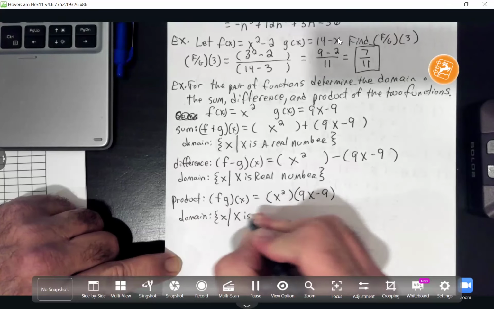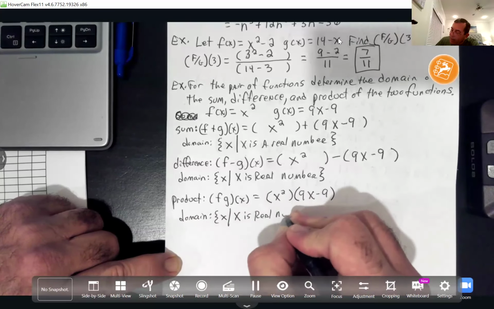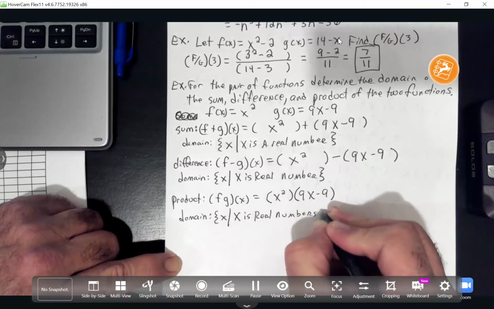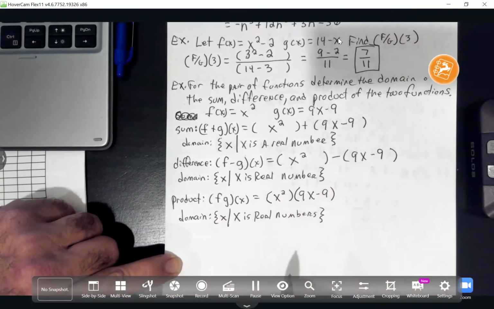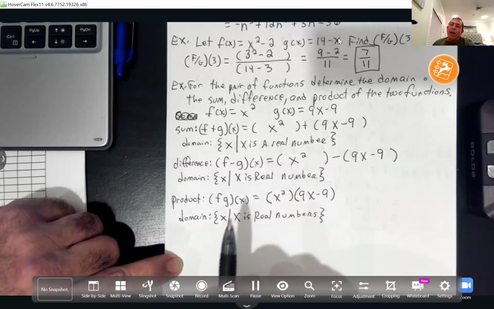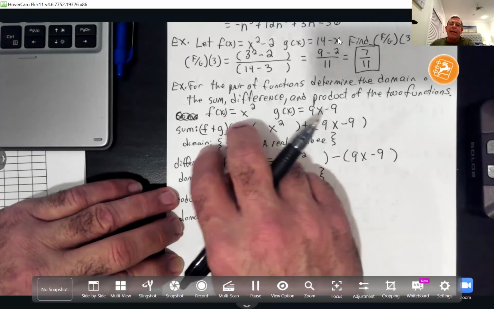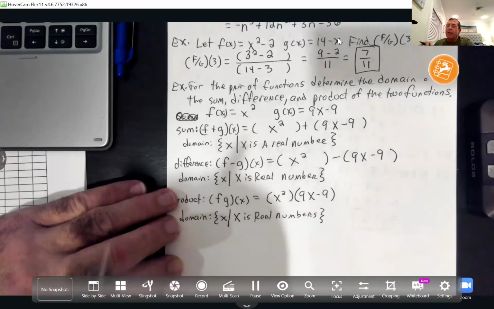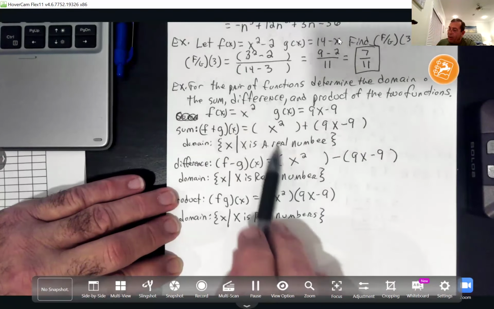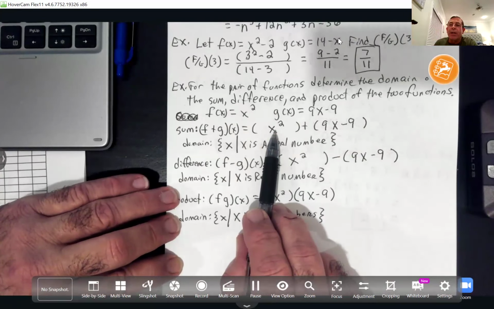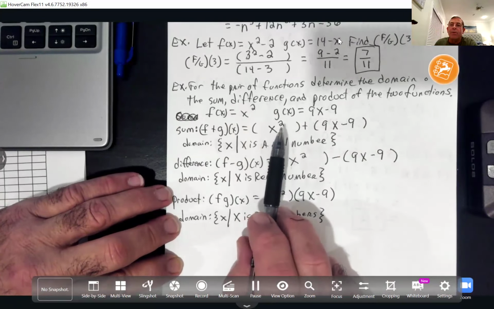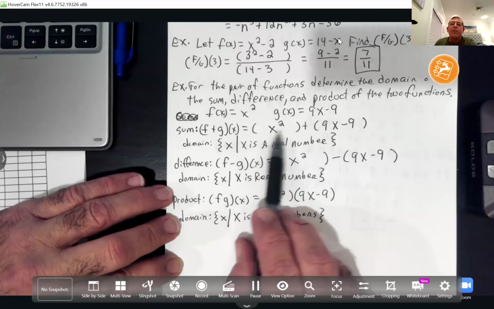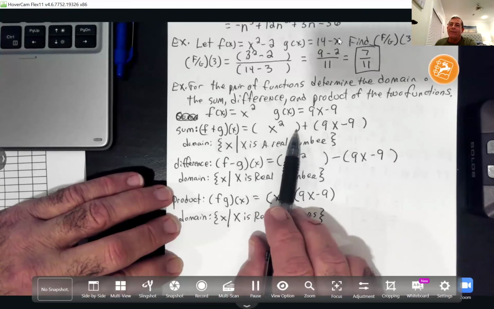So when it asks for the domain, is it asking us to determine if it's a real number or not? Yeah. Remember the other day we said that any function that did not include a fraction, I can throw any number I want in here. If I want to throw decimals in here, fractions, negative numbers, positive numbers, I don't have any restrictions because it wasn't a fraction.